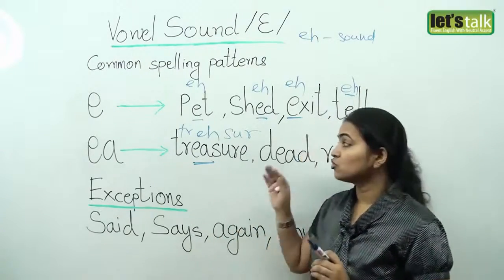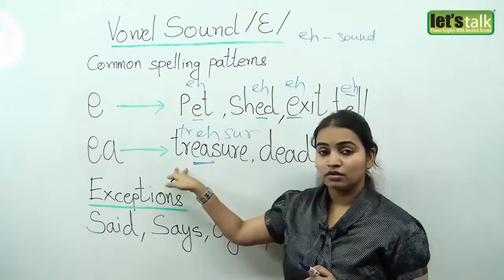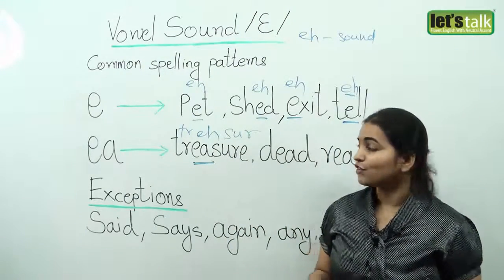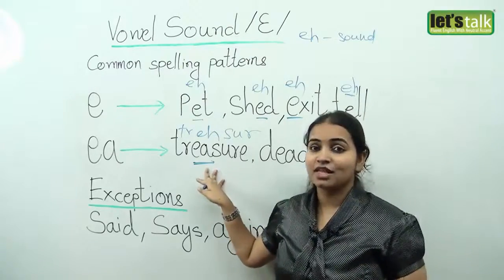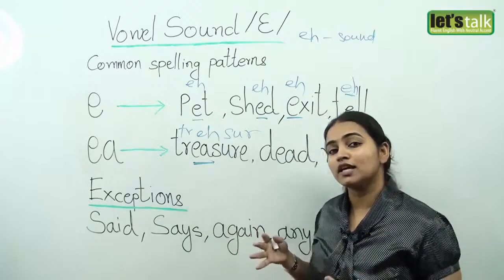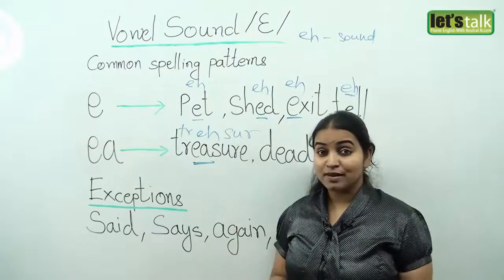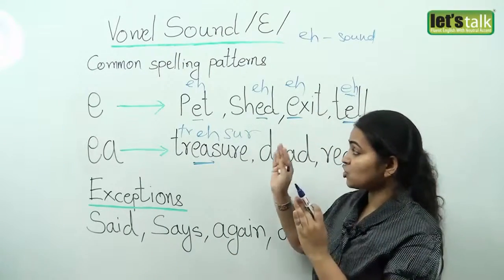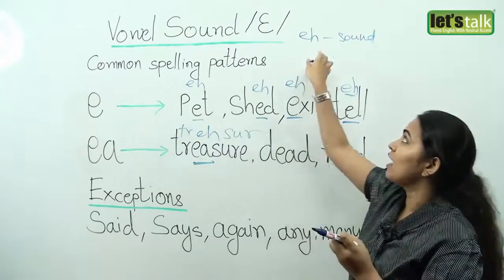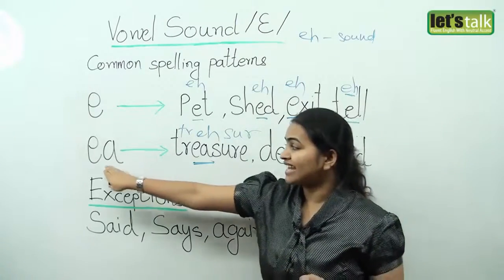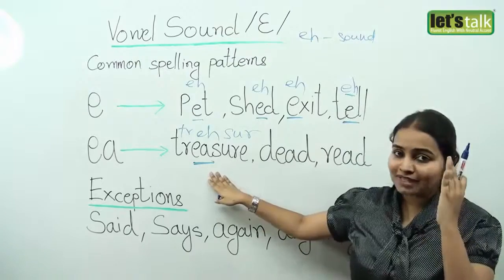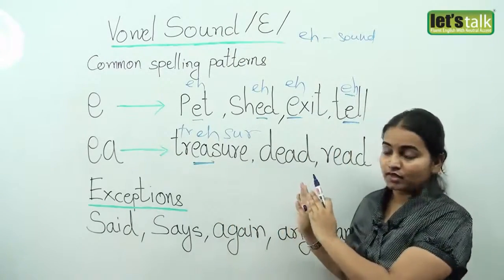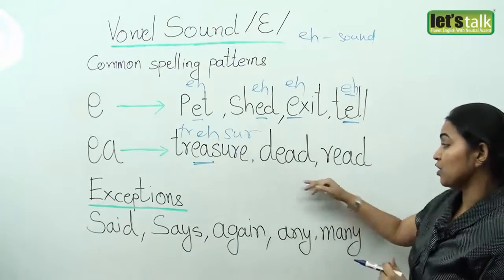It's not treasure with a long E. It would be much better if words were spelled like they were pronounced, but unfortunately, English is not spelled that way or pronounced that way. So the pronunciation always takes on the vowel sound. So if you have an EA, you know automatically that you use a short E, treasure. Okay?